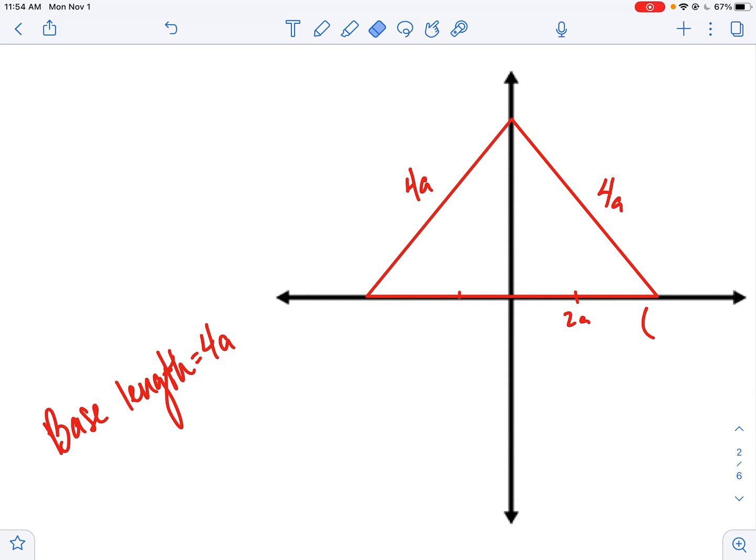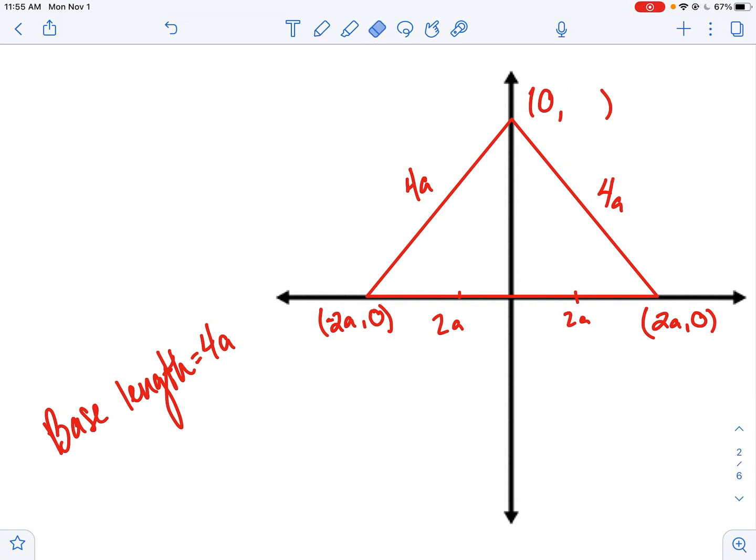Which means that my coordinates would be negative 2a, 0, 2a, 0, and the temptation is to put 0, 2a, but it's not true.